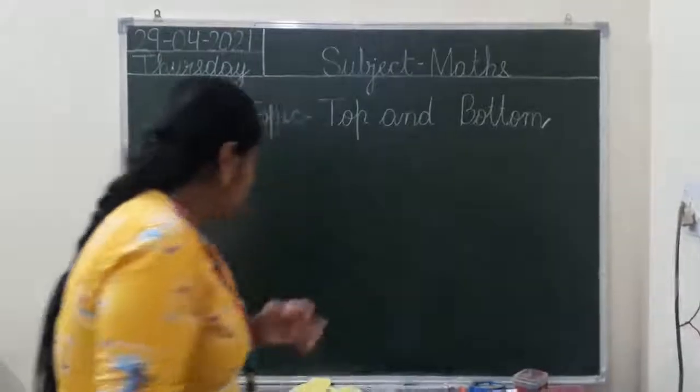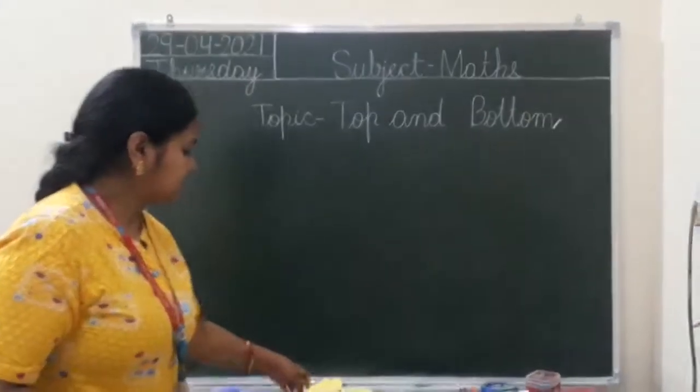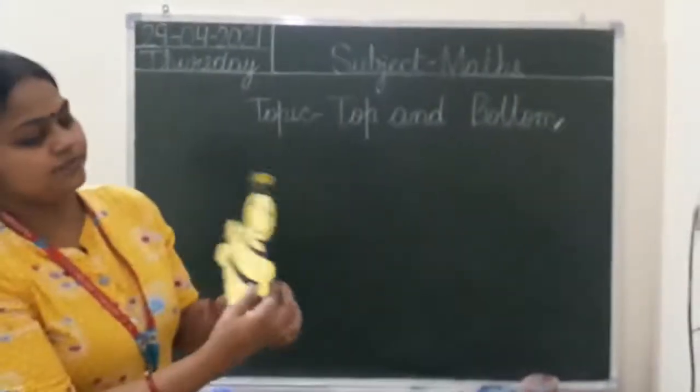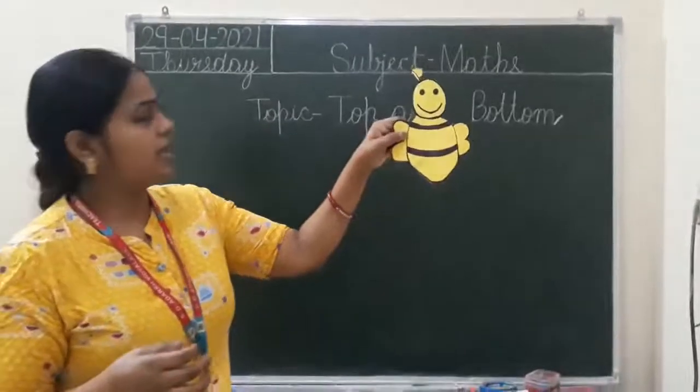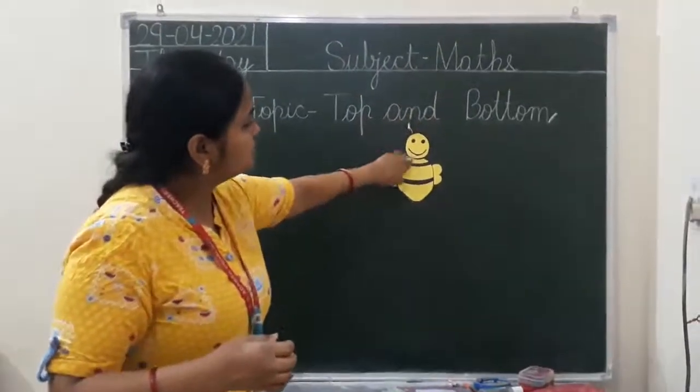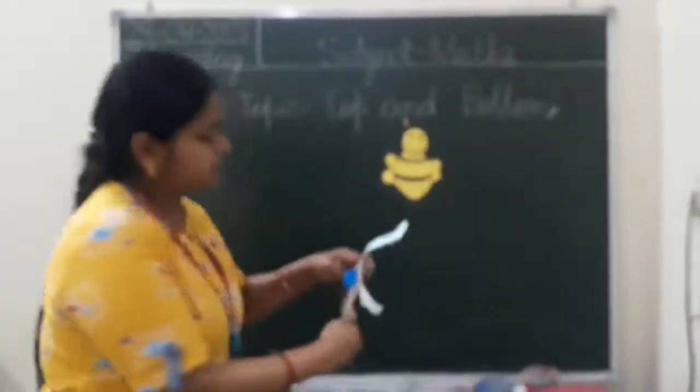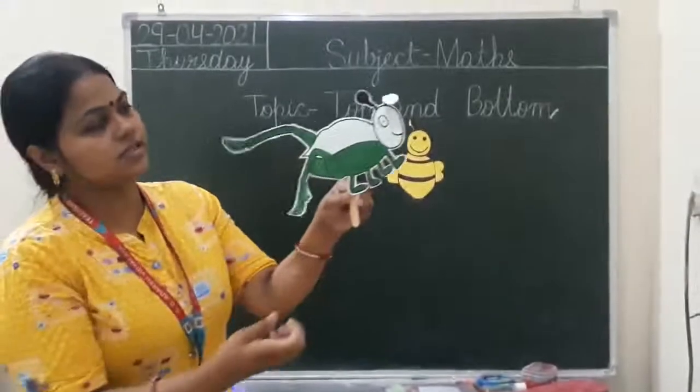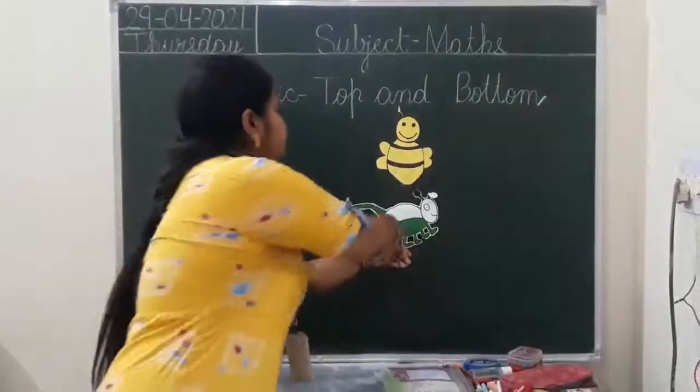Now, I want to show you some insects. Tell me what is this? This is a honeybee. And this is a grasshopper.